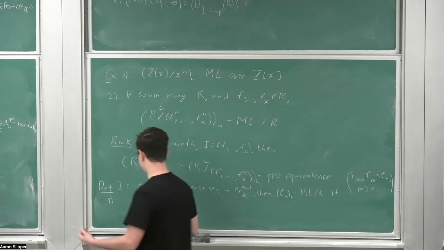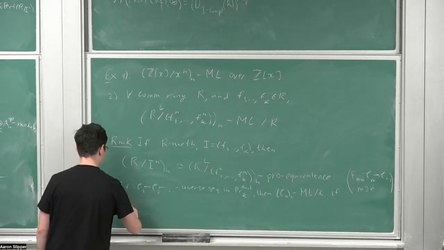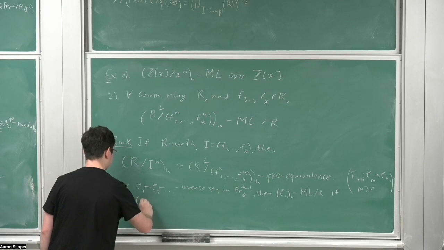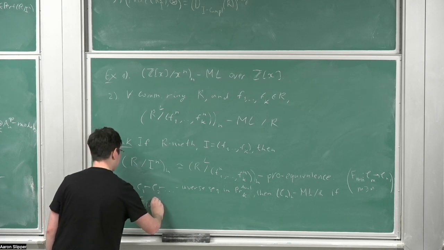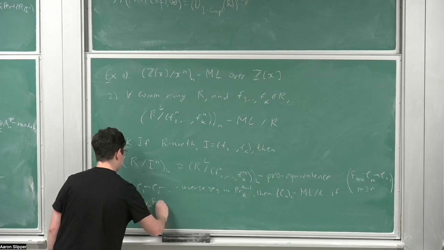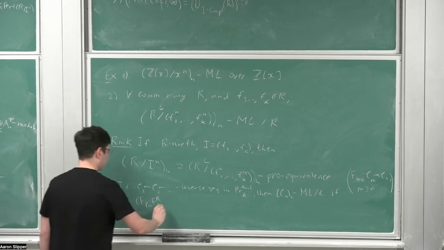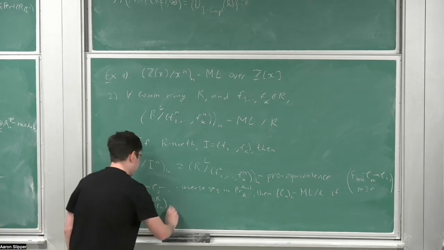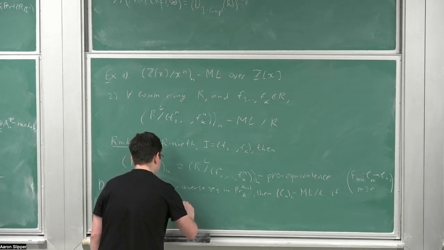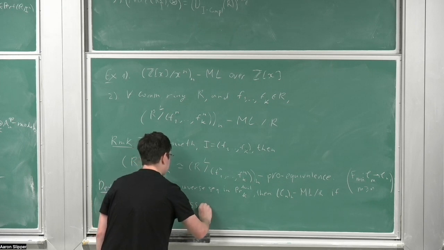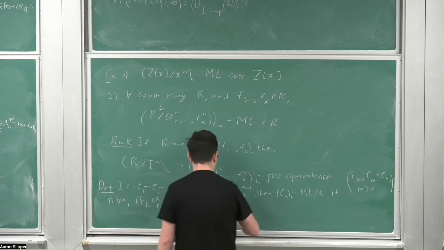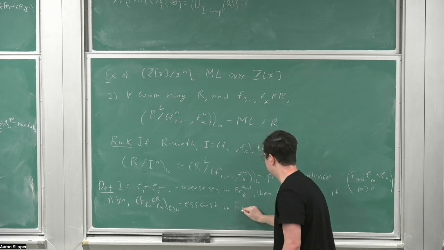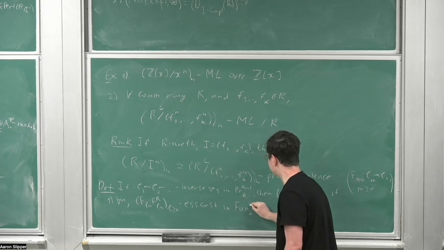And then the third condition is that for any n, the inverse system f_ln right adjoint, indexed by l greater or equal to n, is essentially constant in K-linear continuous functors of C_n.